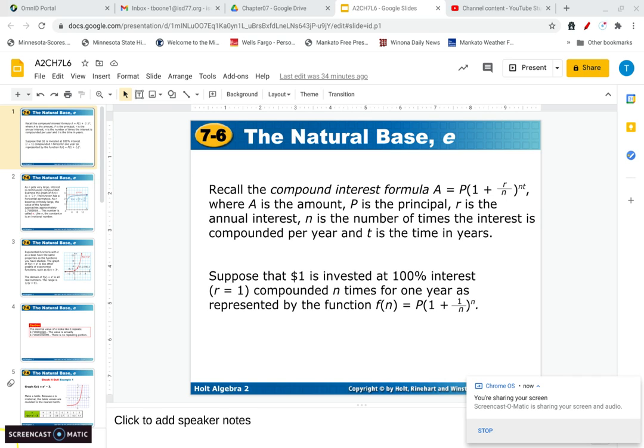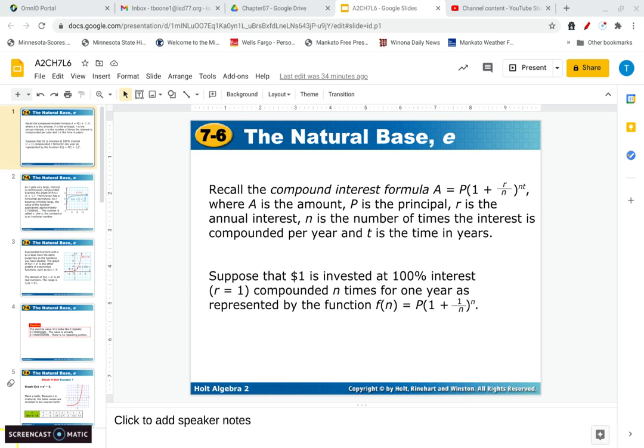All right, welcome back. We're here on section 7.6, and we're going to be talking about the natural base, which is e. e is actually a number, kind of like pi. What it's based on is compounding interest. Let's say we had an interest rate. Would you rather get 12% at the end of the year, or would you rather get 1% per month?